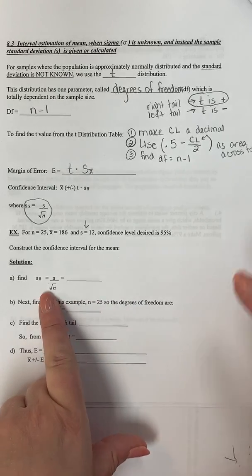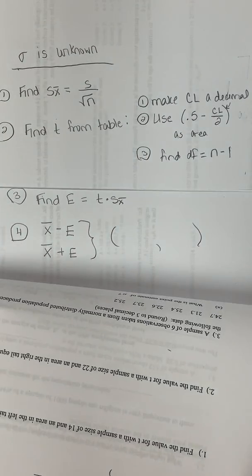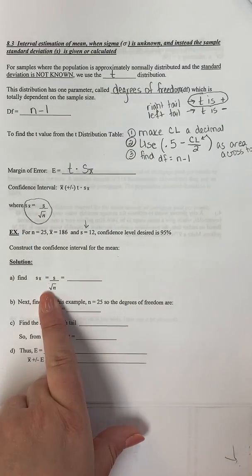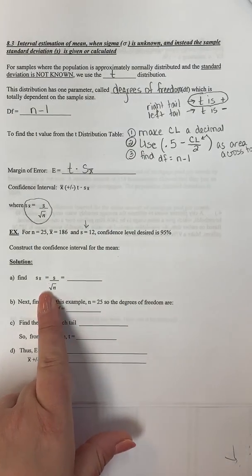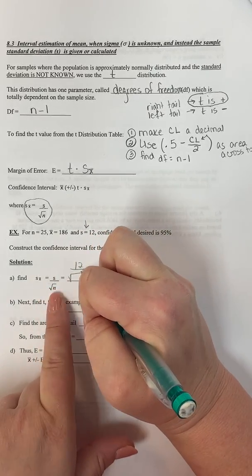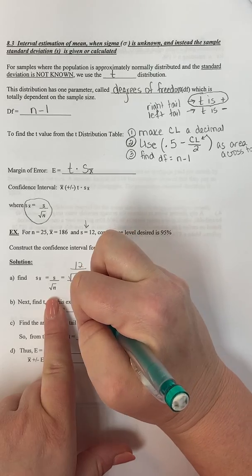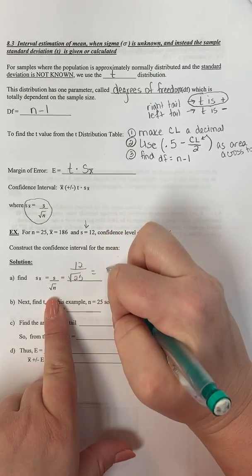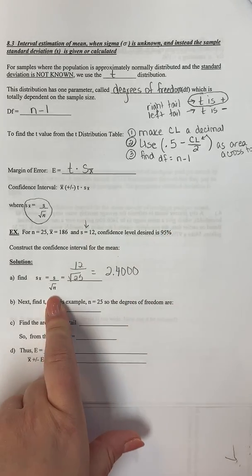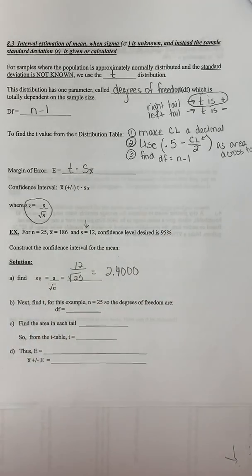Okay, here we go. Step 1, just like with our little cheat sheet over here, we want to find s of x bar. Okay, well, s is 12, divided by the square root of n, which is 25. We're going to go out 4 decimal places just to make sure that when we put it into our calculator that we're covered.